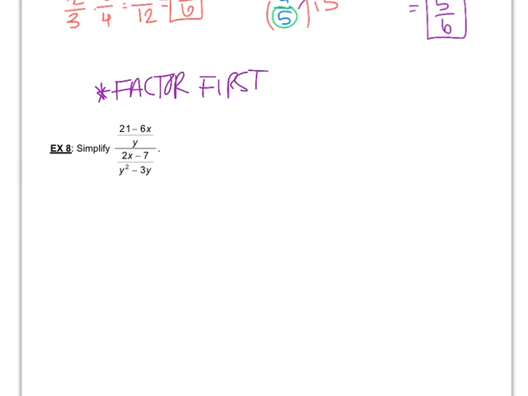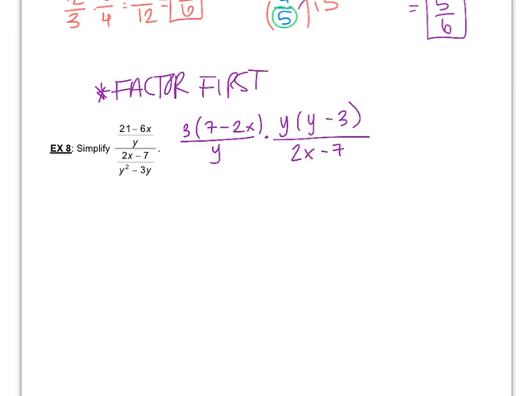I can factor a 3 out here, and I end up with 7 minus 2x divided by y. Now I'm going to multiply by the reciprocal of that second fraction. So y squared minus 3y. I'm going to factor that y out in this step. Divided by 2x minus 7.